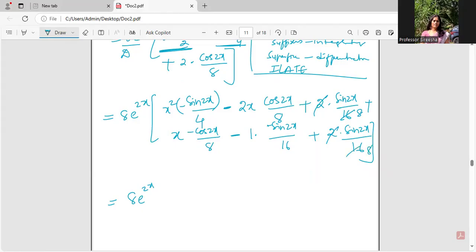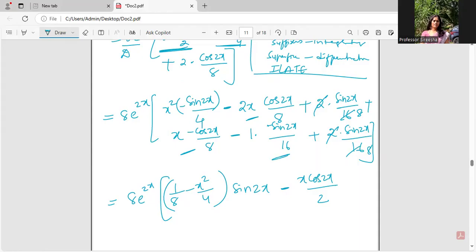So I'll be having 1 by 8 minus x squared by 4 into sin 2x minus, I can see here 2x cos 2x with a minus sign and then this also with a minus sign. So I'll be having x cos 2x by 2. And then this also. This is the only term.